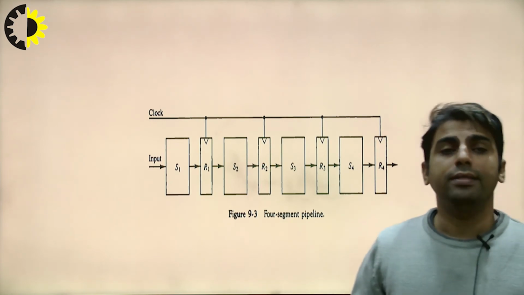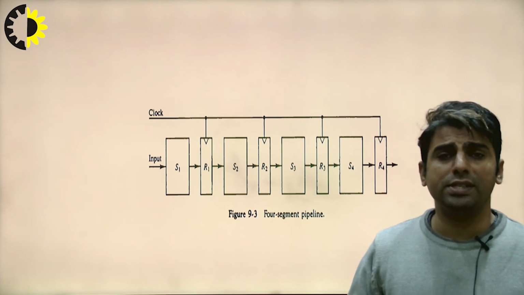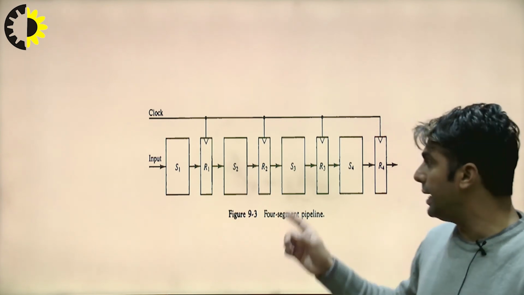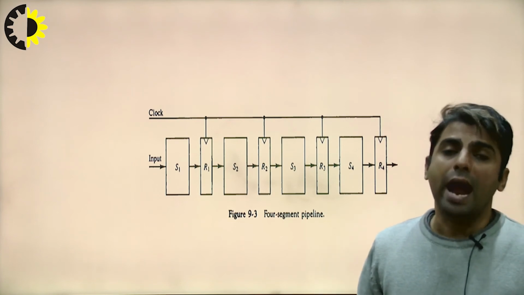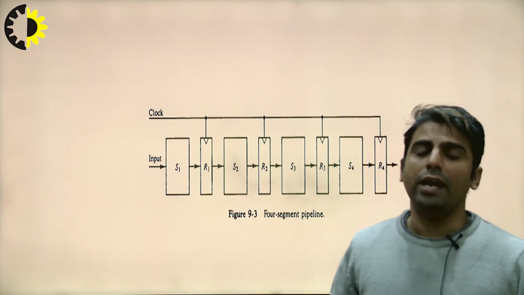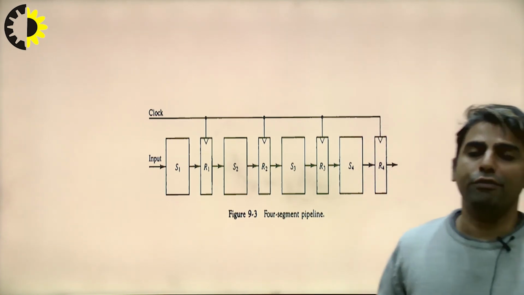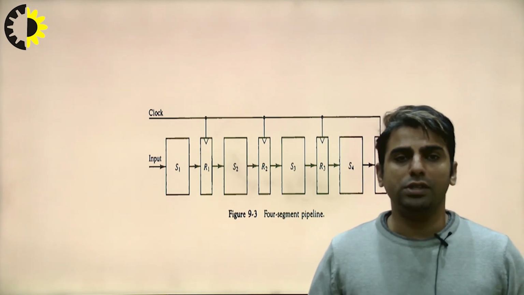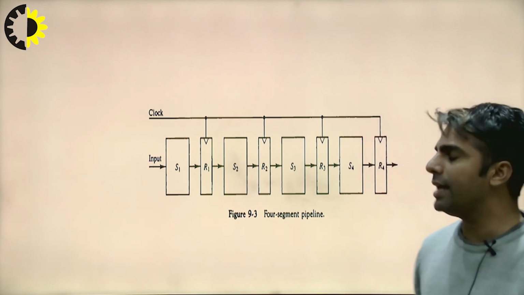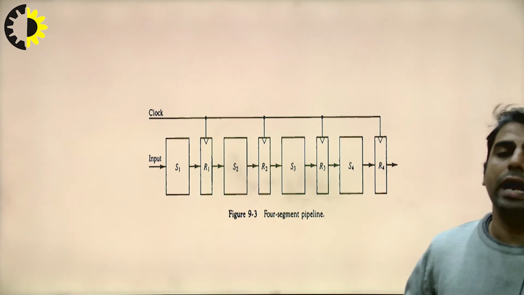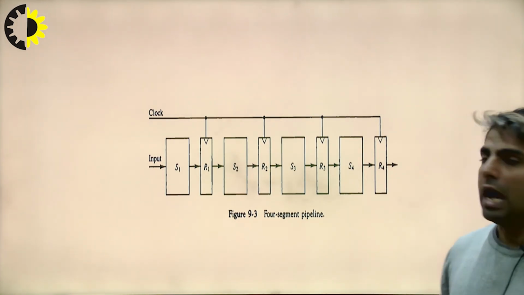Then R2 gives those results as an input to S3, and S3 processes them and stores the result of S3 in R3. From R3 this goes to segment 4, which processes it, and the final result will be stored in R4.